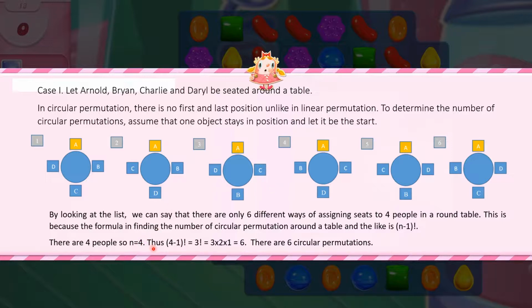Thus, when we substitute it in our formula, 4 minus 1 factorial is equal now to 3 factorial. And when we expand 3 factorial, we will come up to 3 times 2 times 1, which is equal to 6. Therefore, in the given problem, there are only 6 circular permutations.